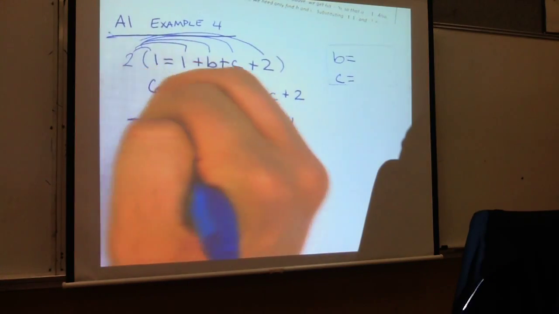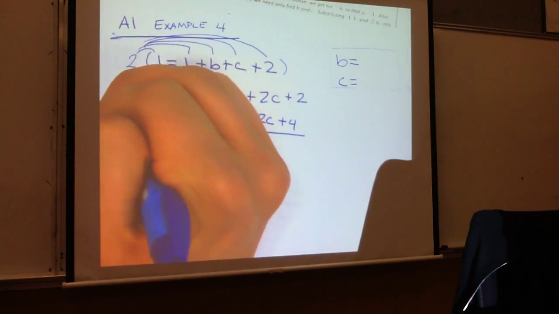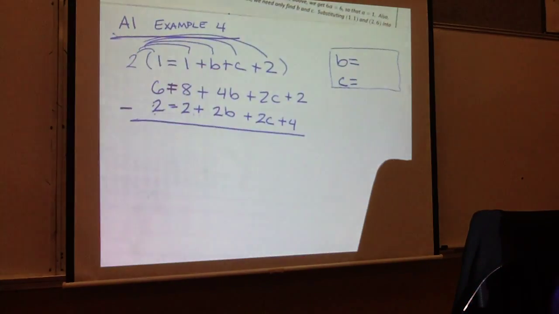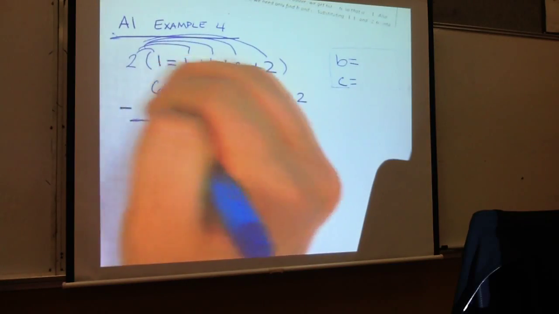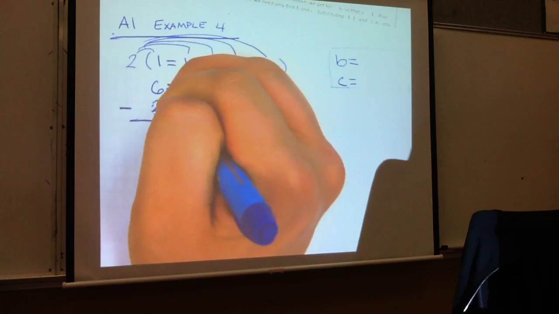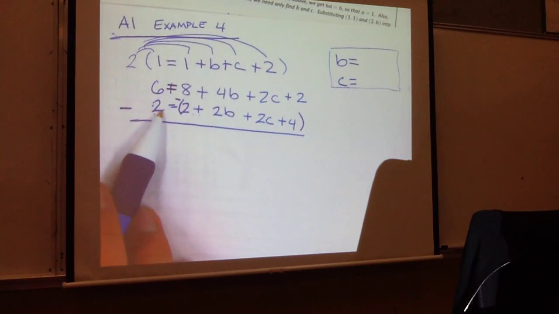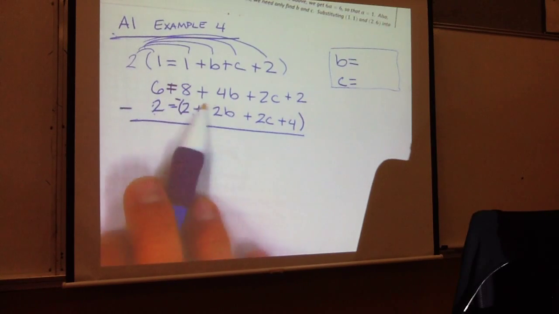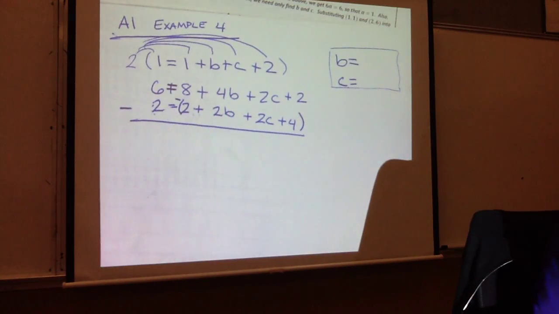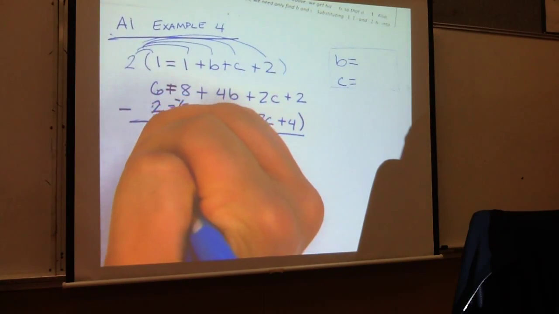Then, because these two sides are equal, if I subtract this entire quantity from both sides, we're doing the same thing to both sides. So 6 minus 2 is 4.